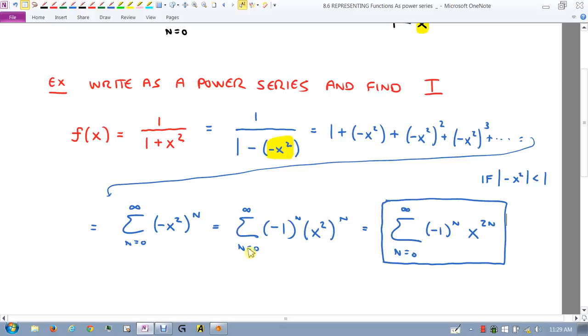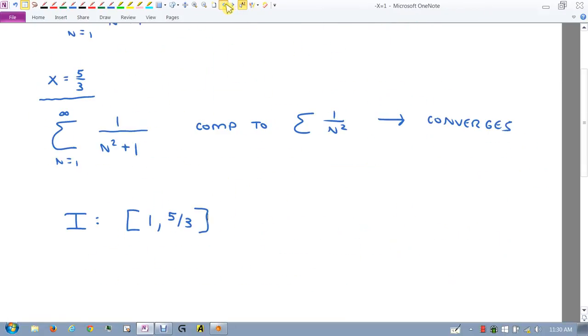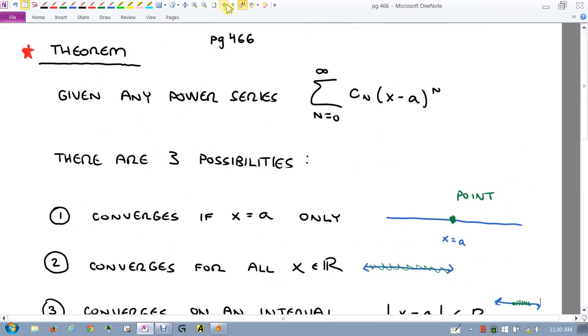So what you always want to try and get at the end for a power series is you want to get the x part, this is the x minus a right here, to some power of n. And if it happens to be squared or cubed, you just put it up as a 2n or a 3n. But you want to peel off the constant. See, the negative 1 to the n is that c sub n that we had back when we first started talking about power series.